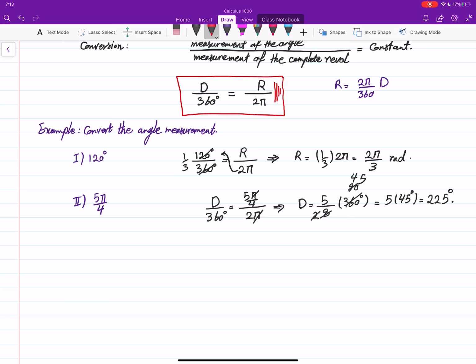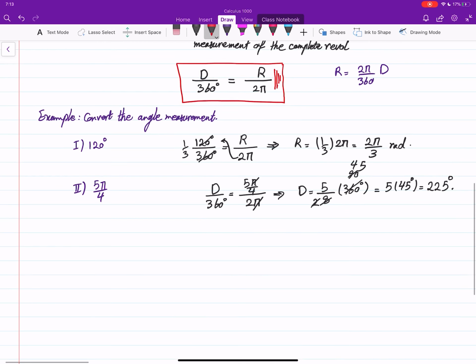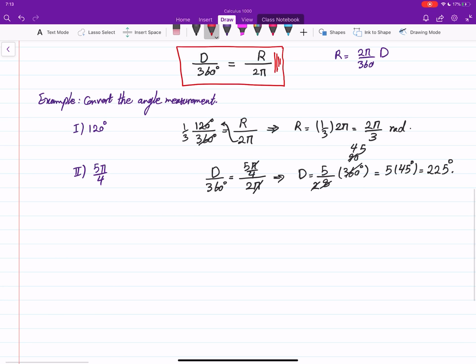Okay, so this has very important meaning, and in particular it gives us a good formula for the length of arc and area of a sector.